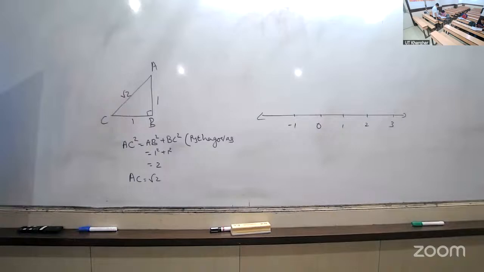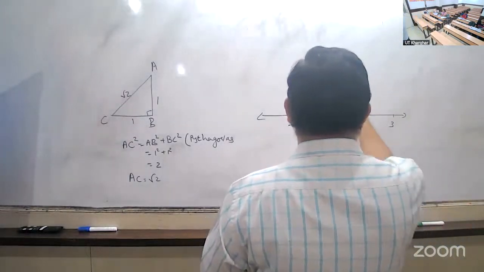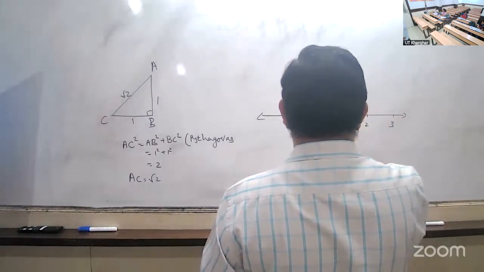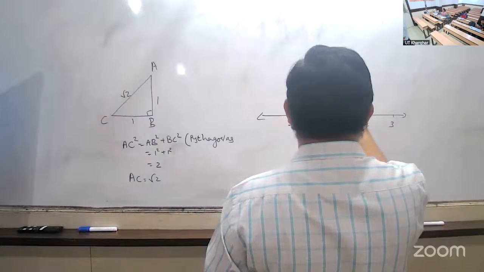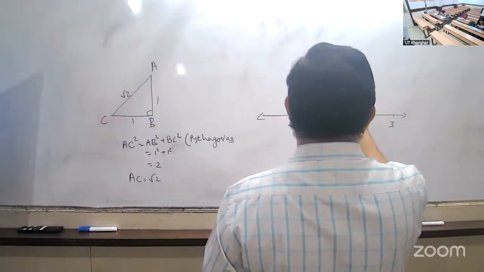Cut it now. Okay, now wait. So you made the perpendicular. After that, take a pencil, cut the arc and join with the 0.